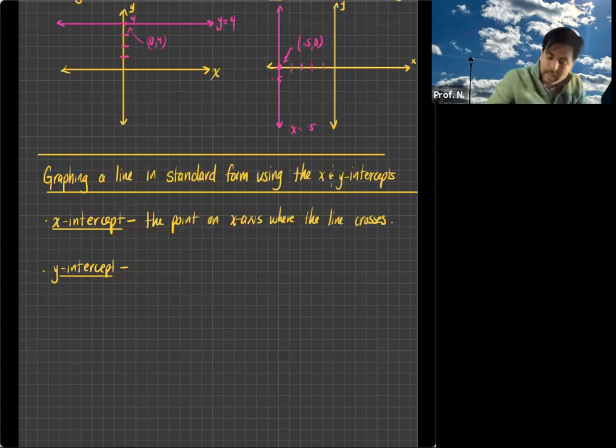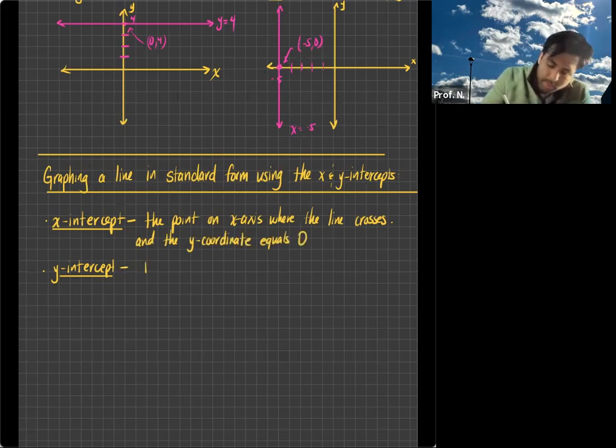And it crosses at the x-axis if the y value must be 0. That's another thing I should say. And the y value, or the y coordinate, equals 0.